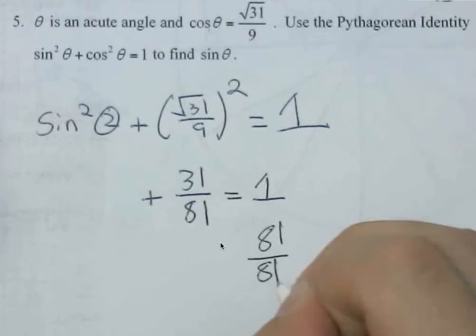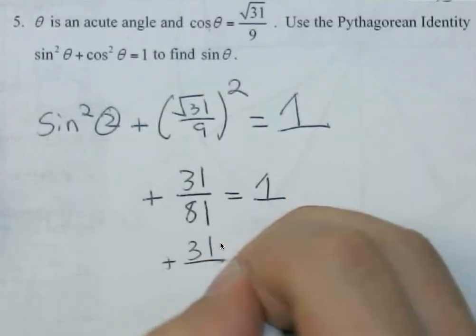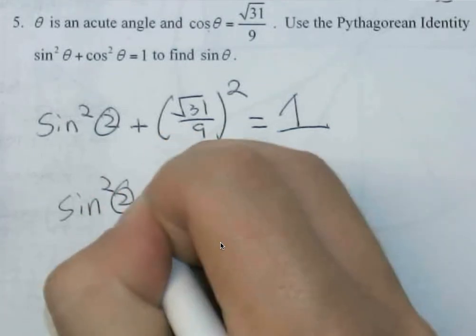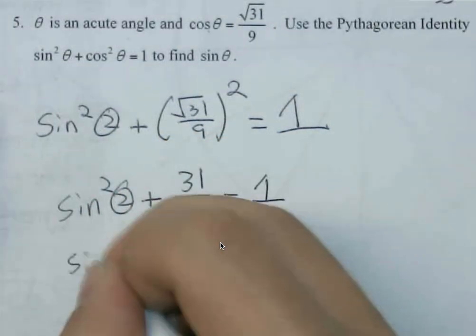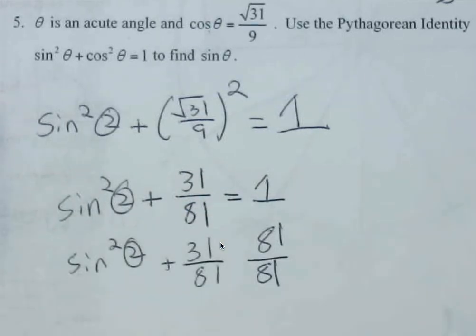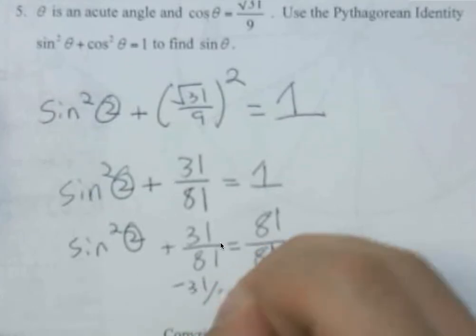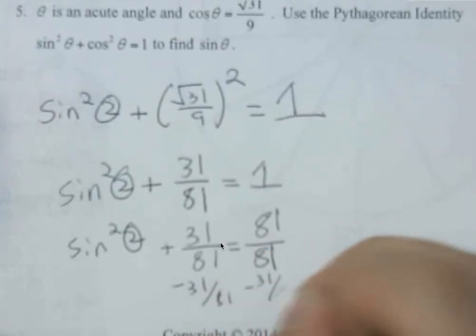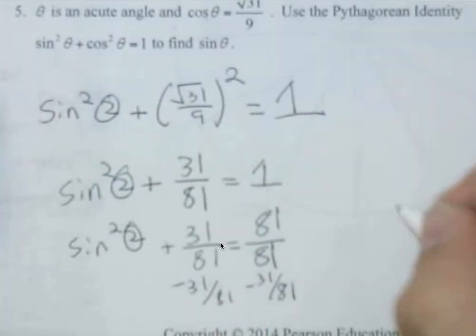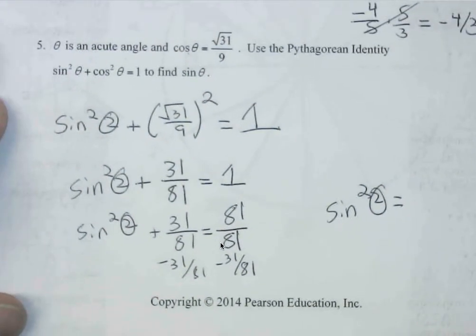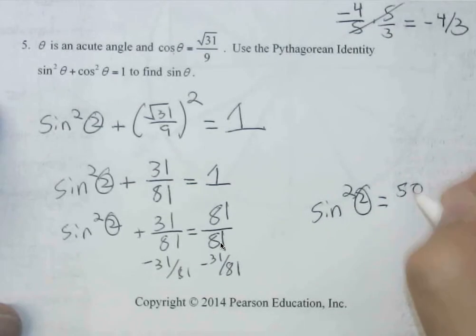Sorry, I'm kind of dodging writing the rest of this. And then if I deduct 31 over 81, this should be equal to sine squared of theta equals 50 over 81.